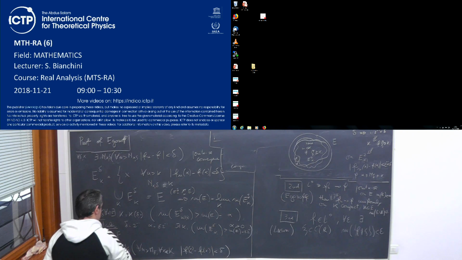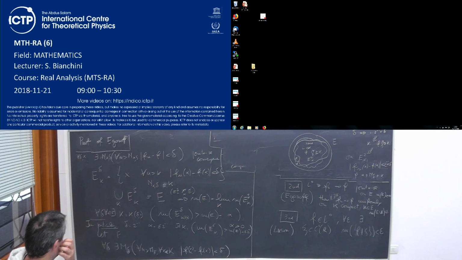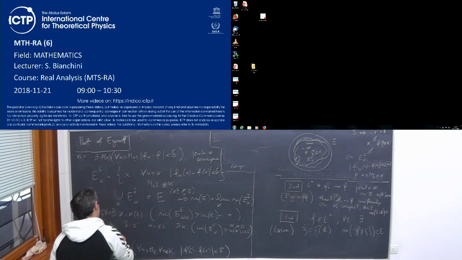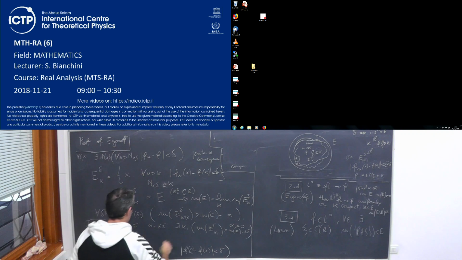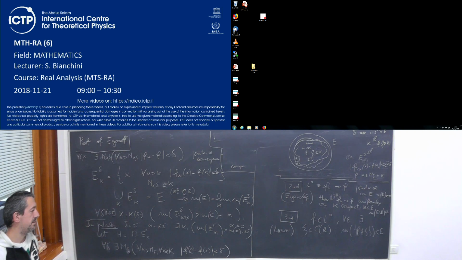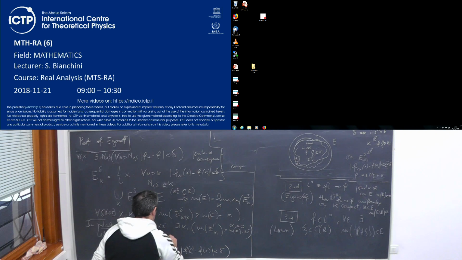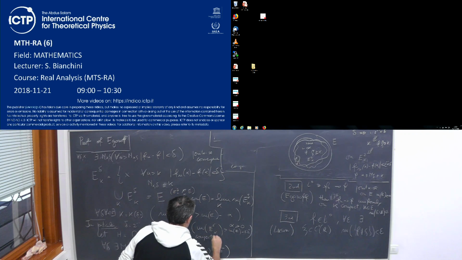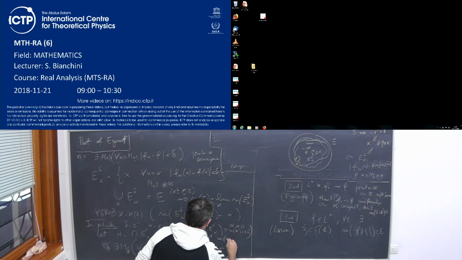Let's say that G is open. Let's say H is the intersection over i of this set, and K contained in H compact, with the measure of H minus K less than epsilon.